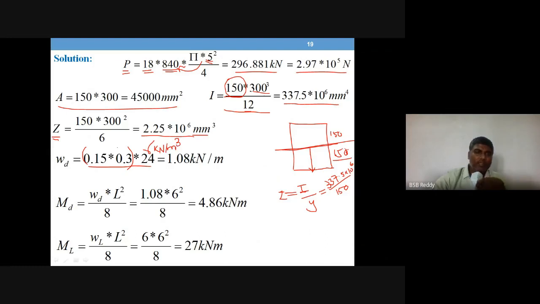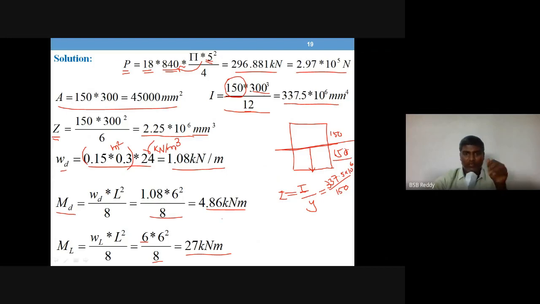Finally it will be kilonewton per meter, 1.08, that is the dead load value. And bending moment due to dead load, WL square by 8, in kilonewton meters, is 4.86. Live load is already given to you, 6 kilonewton per meter. WL square by 8 again will give you 27 kilonewton meter, the live load bending moment.